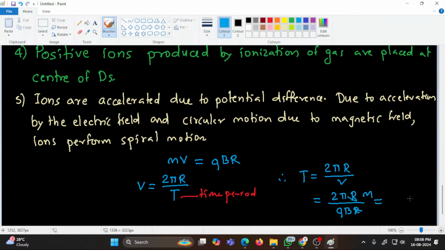So time period is equal to 2 pi m upon qB. So time period of the ion in the cyclotron is 2 pi m upon qB. The frequency of revolution is reciprocal of that.